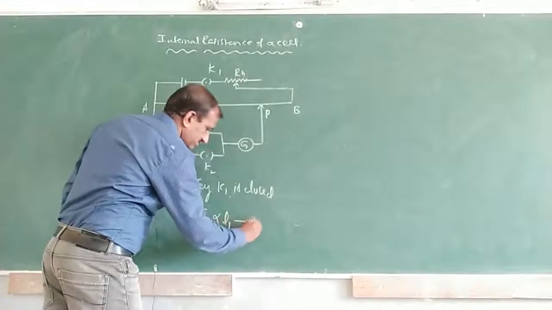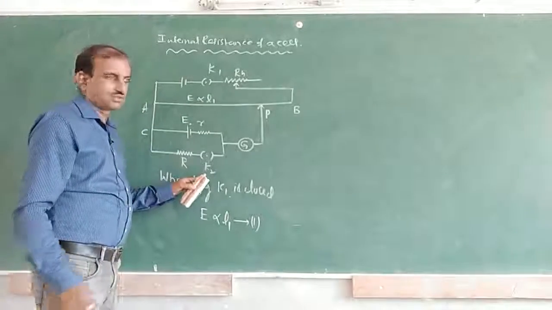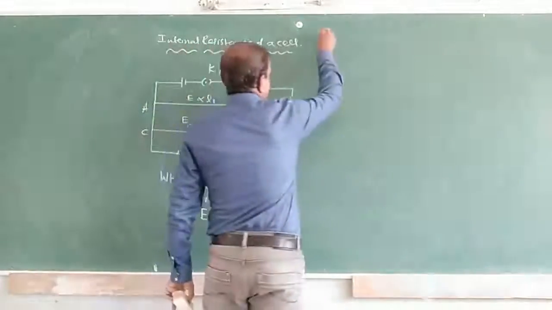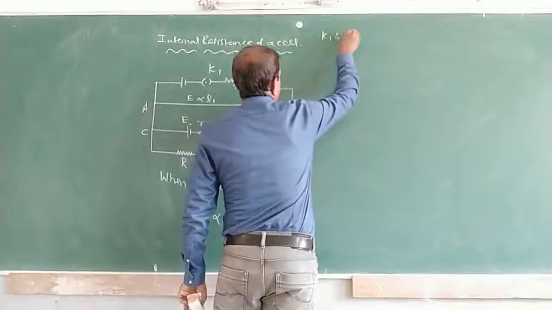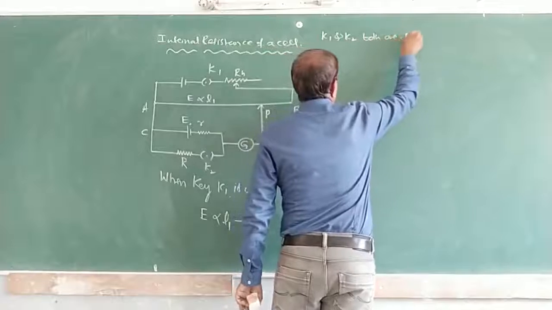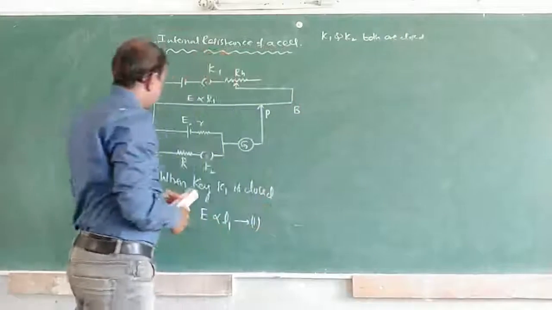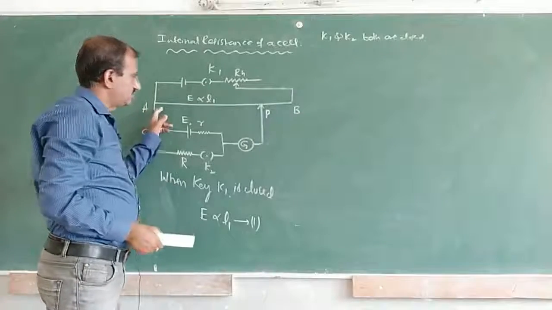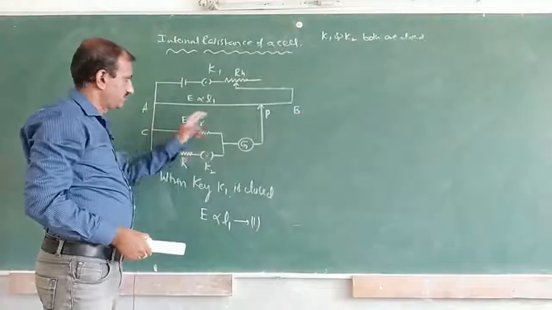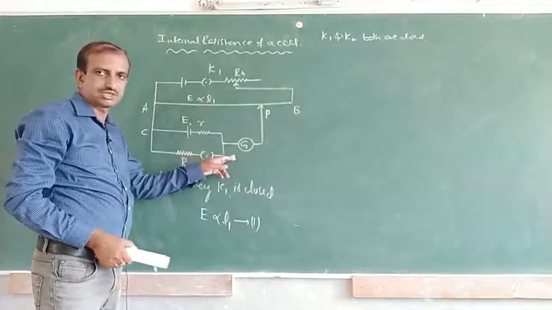Call this equation 1. Now close K2. So now K1 and K2 both are closed. When these two are closed, a steady current flows through the wire AB. Now again move the pointer P from point A towards B till the galvanometer shows 0 deflection.